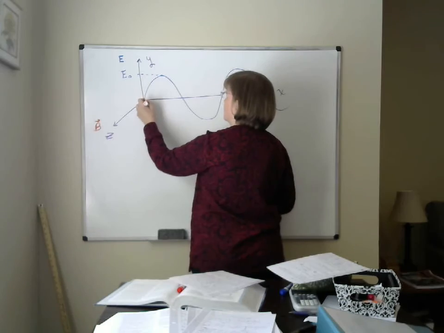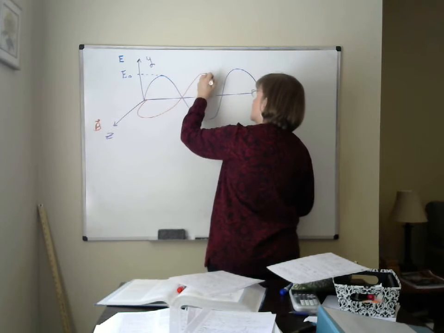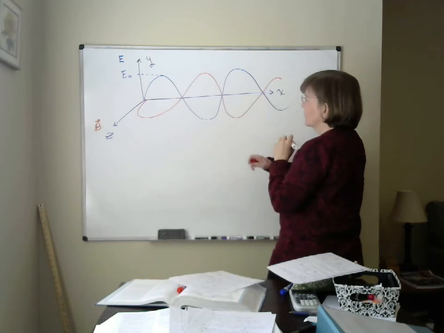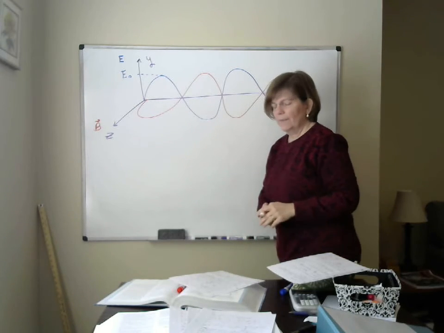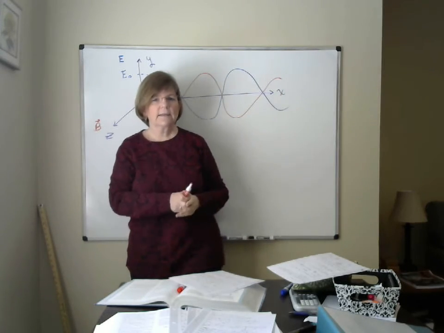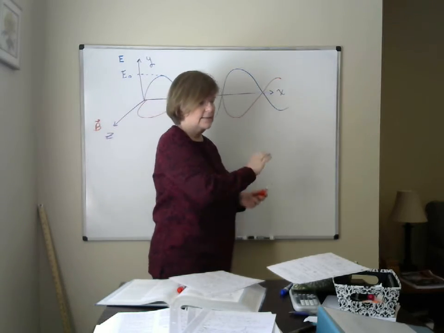It's a little harder to draw, but it would look something like this. Now again, I'm trying to draw this one going. So if the electric field is oscillating vertically like this, the magnetic field would be oscillating horizontally like this.